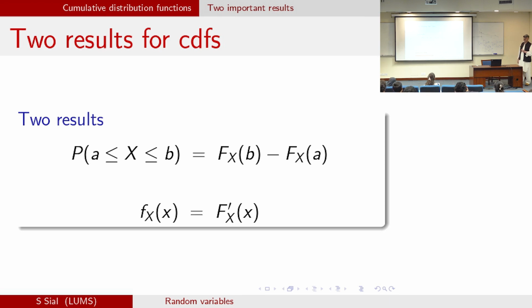If you were given the PDF, you would do the integral. You would integrate the PDF from A to B. But if you were given the CDF, you would just have to do a subtraction. This is the probability that x is less than or equal to b. Now, subtract off the probability that x is less than or equal to a, and what you're left with is the probability from x equals a to x equals b.